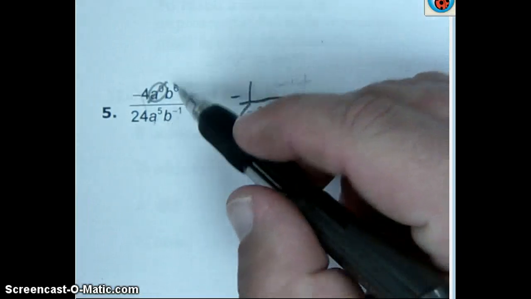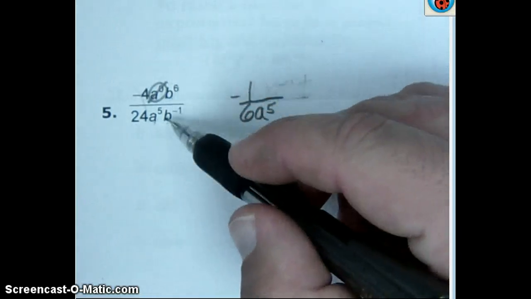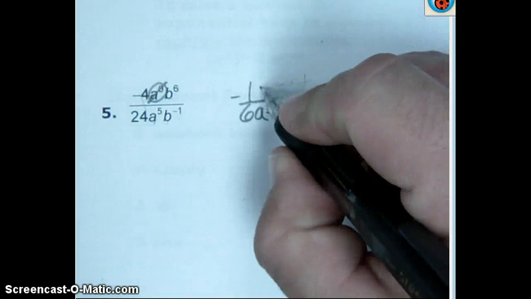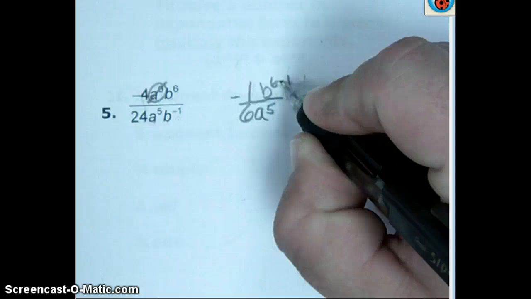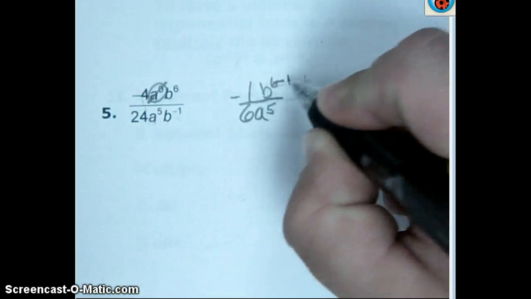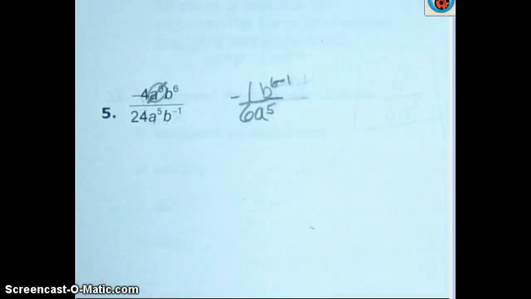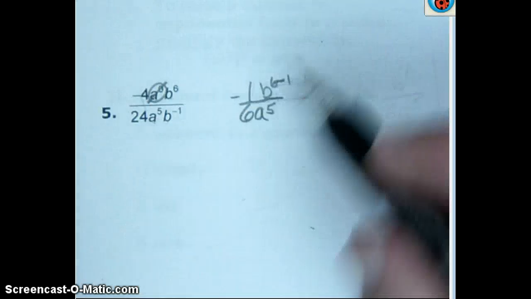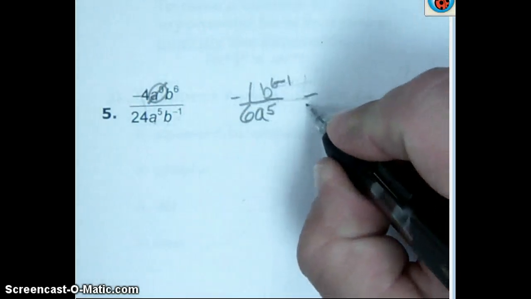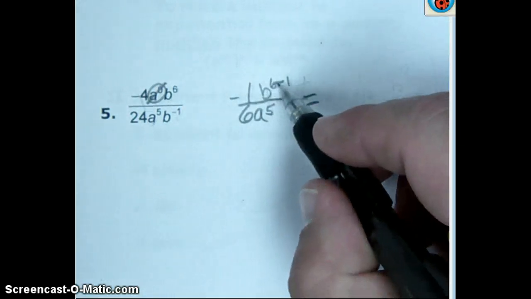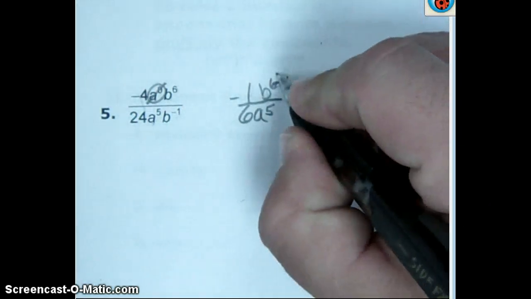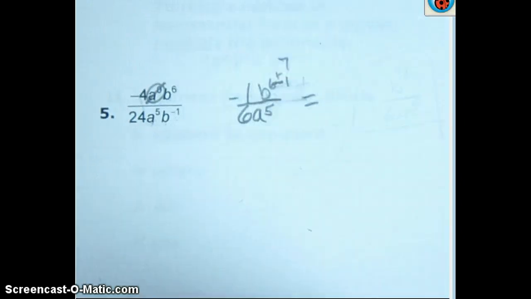There's no reason to move him up there. And with the b's, I have b to the 6 divided by b to the minus 1. So that's really going to be b to the 6 minus a negative 1. Be sure that you're subtracting those. That b to the 6 minus a negative 1 is really b to the 6 plus 1, which makes 7.